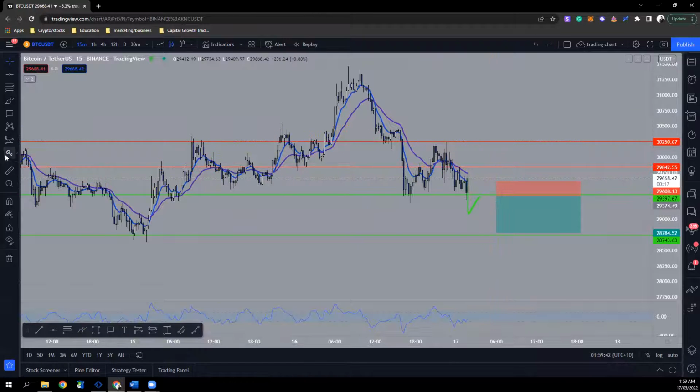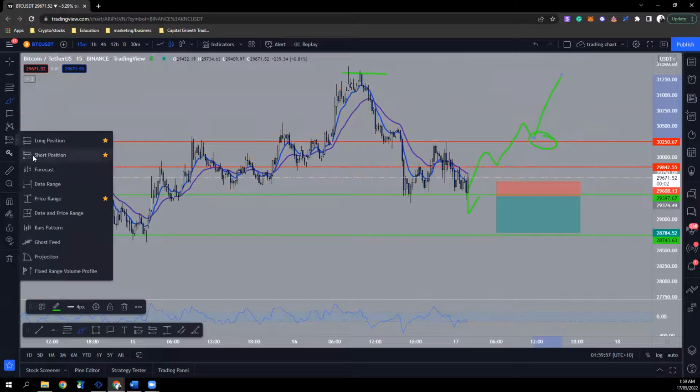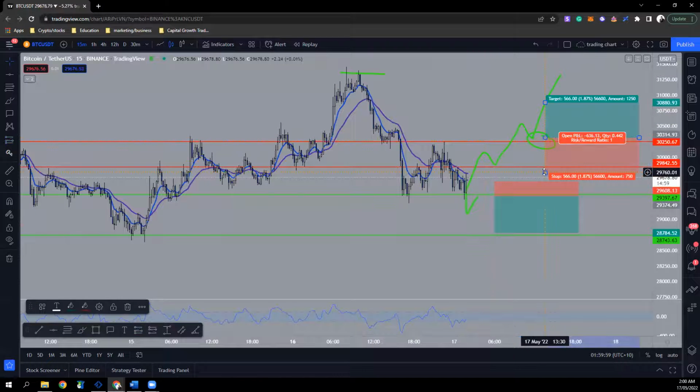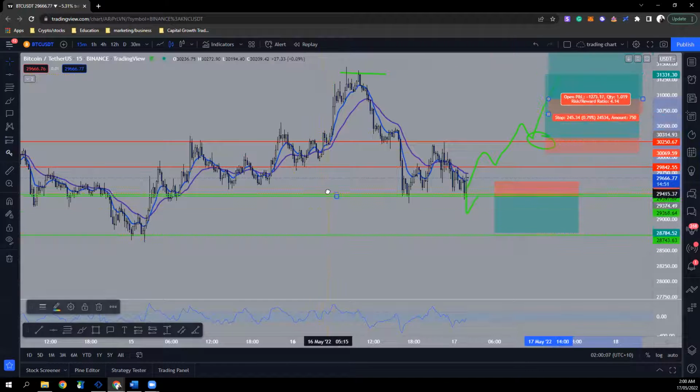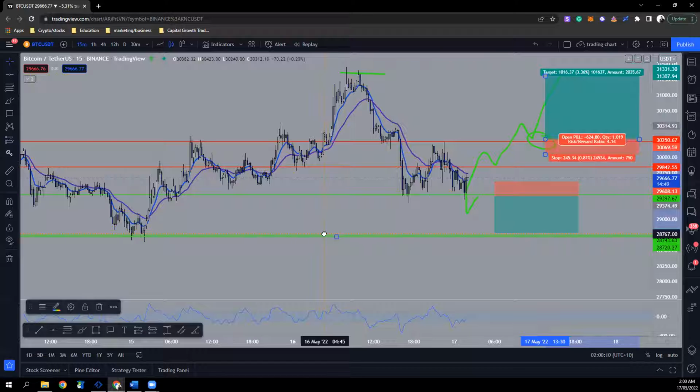So we really want to see, if anything, price come into here, break that, and turn this resistance into a support. Because why? Now we've got this big trade up into here. So we'll take a long off here and push up into this area.